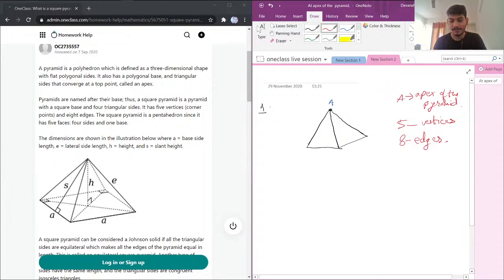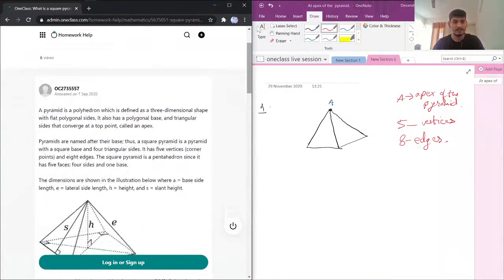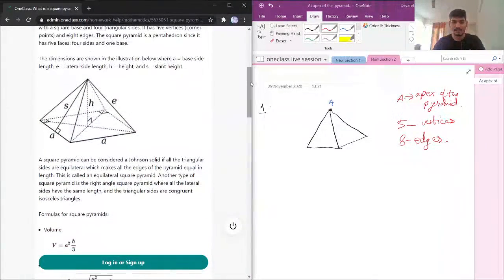Pyramids are basically of a lot of types, and as the pyramids are of a lot of types, we usually refer to the pyramids by their base. So if a pyramid has a square base, then we call it a square pyramid or square base pyramid.